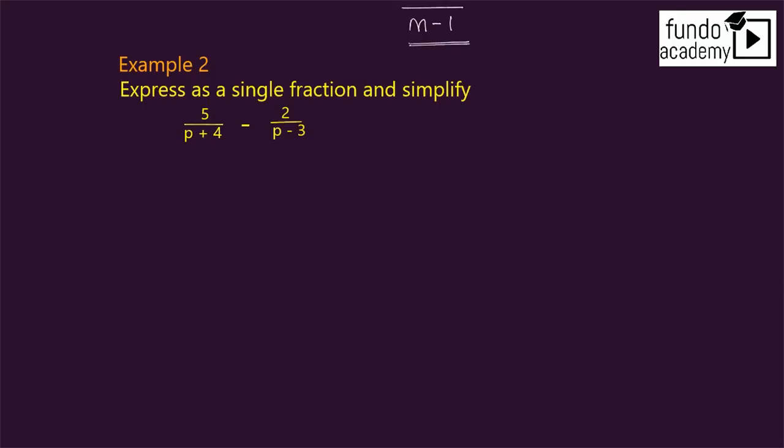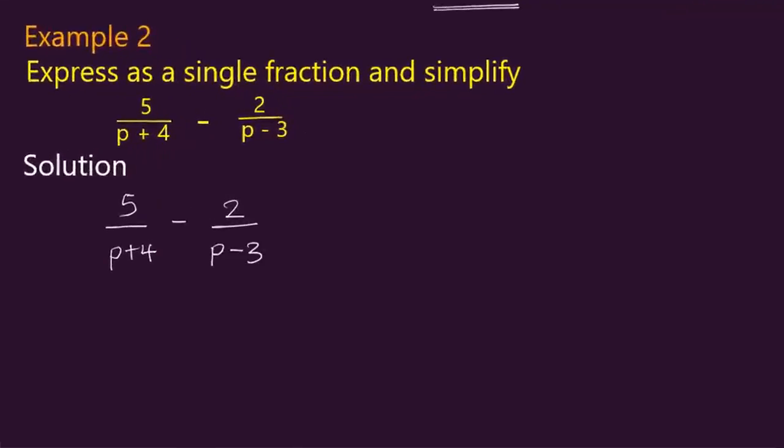Okay, let's check out the solution. We have the fraction 5 over p plus 4 minus 2 over p minus 3. First we have to look for the LCM of p plus 4 and p minus 3, and that will be the product of p plus 4 and p minus 3.